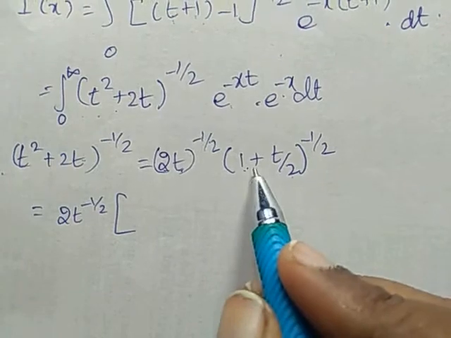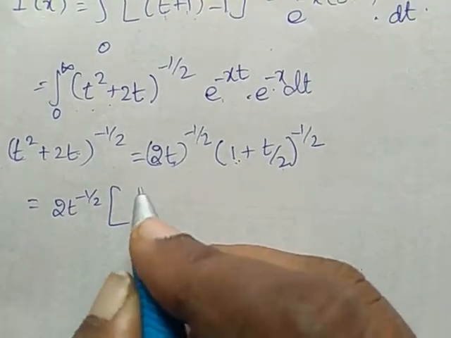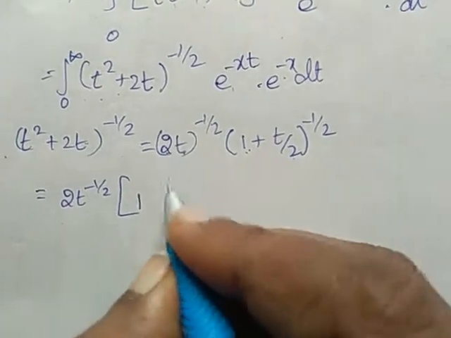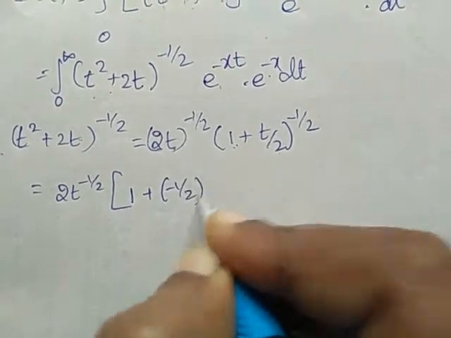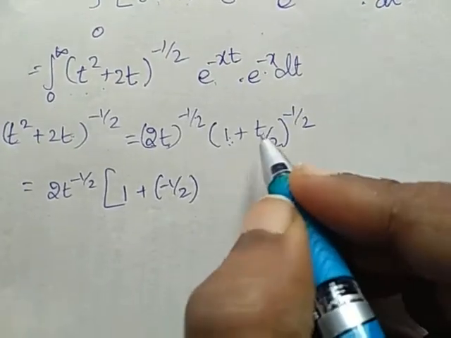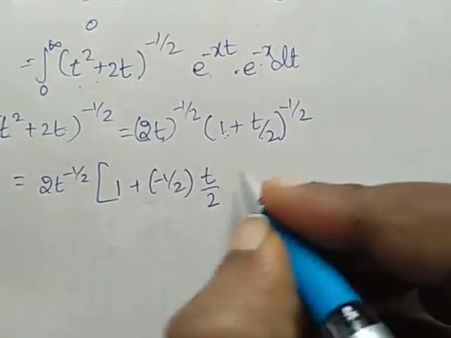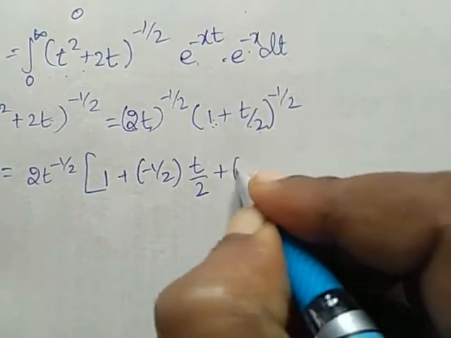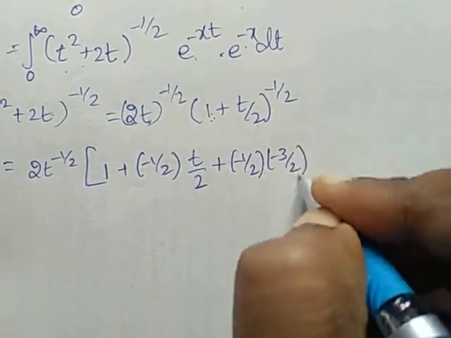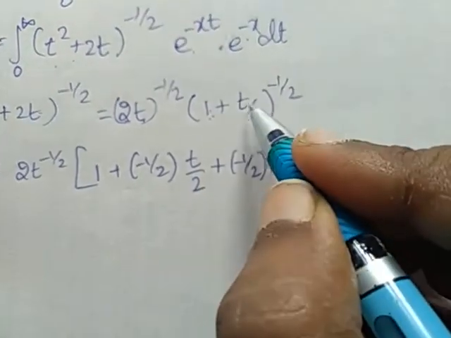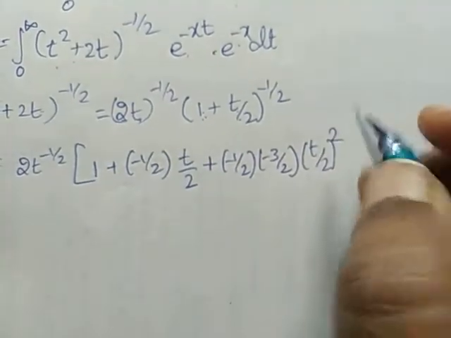This is a to the power n, so 1. Next, n is minus 1 by 2, a power n minus 1, b. Next, n minus 1 is minus 3 by 2, a to the power n minus 2, b to the power 2, t by 2 whole square.